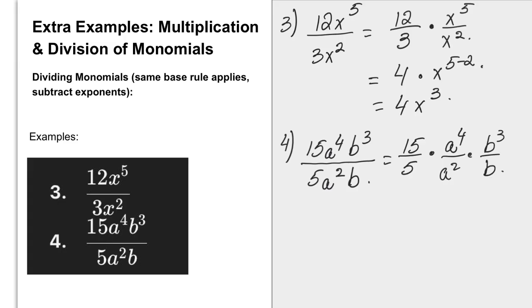Once I do that, I can clearly see what's happening here. 15 divided by 5 equals 3. Then we subtract the exponents. Remember, there's a 1 in here, and that will equal 3a to the second power, and then b to the second power.